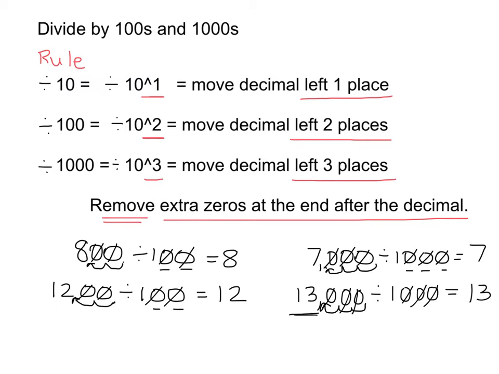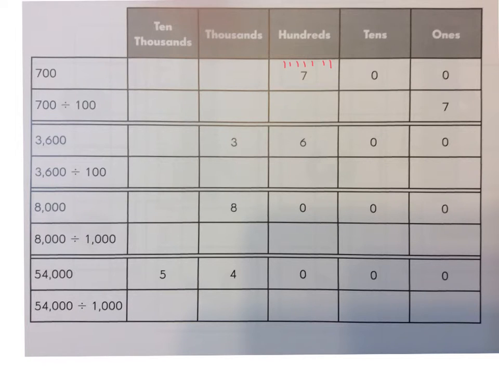So if there were 7 chips in the hundreds for 700, dividing by 100 would make me move those 7 chips 2 places to the right. But what happened to the decimal was it went 1, 2 places left to make it be 7 decimal. Dividing by 100, chips go 2 places to the right, but the decimal goes 2 places to the left.